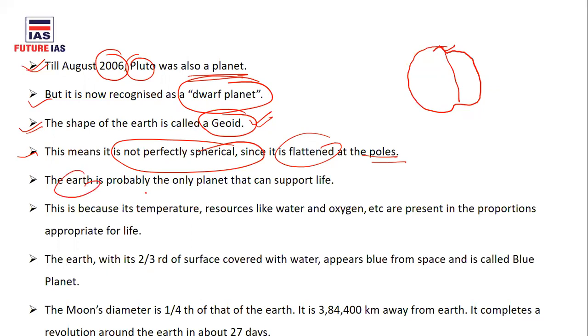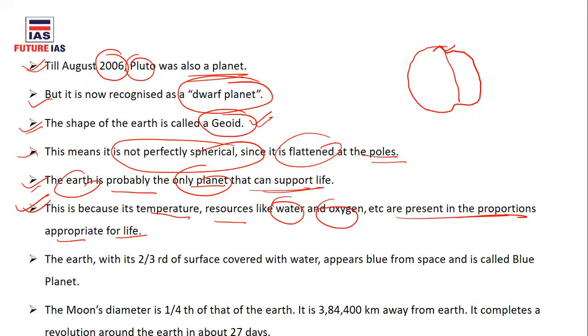And the earth is probably the only planet that can support life. There is no other planet in our solar system which supports life. This is because the temperature and the resources like water, oxygen, etc. are present in proportions appropriate for life. The life-saving gas is basically oxygen, and water is required for us to live.